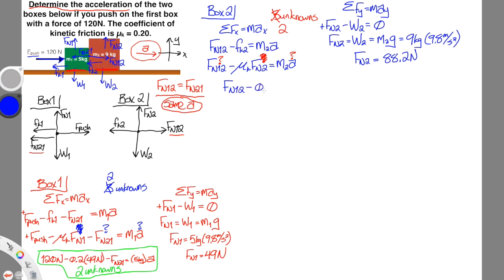Mu k is 0.2, normal force 2 is 88.2 newtons, and that will equal 9 kilograms, the mass, times whatever acceleration we have. So this equation also has two unknowns.